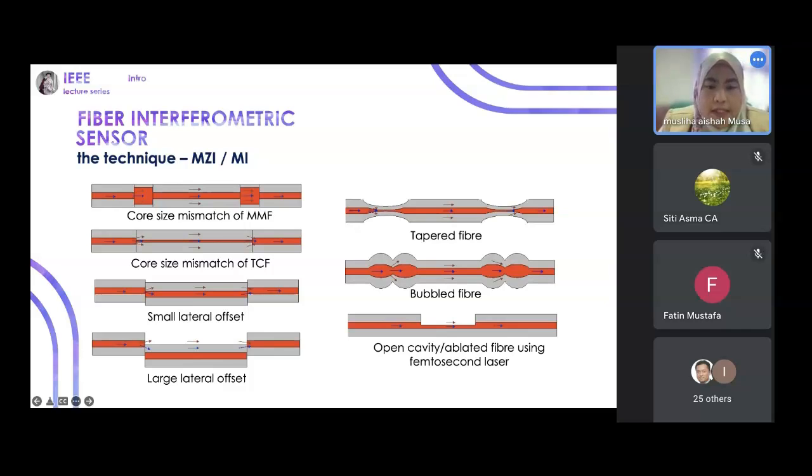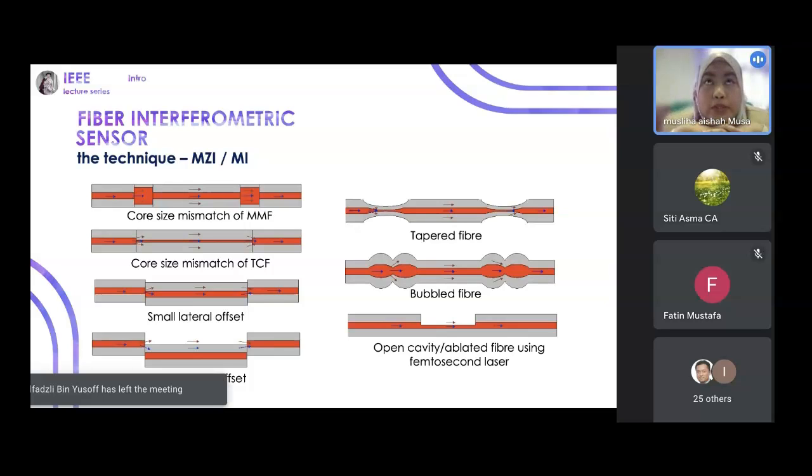And also for the taper fiber, it's just the same. For the taper fiber, we can use a splicing machine to create it. But if we use a splicing machine, we cannot do a lot of tapering.